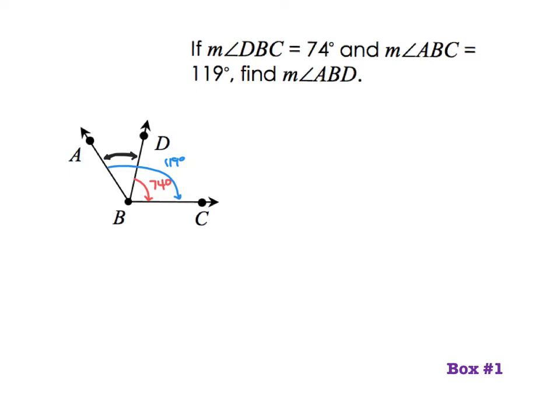We have the measurement of angle ABD, that's what we're looking for, plus the measurement of angle, and I should be writing this one in red, sorry, DBC, not ABC, that's the one that equals 74, is equal to the entire thing, which happens to be the measurement of angle ABC.